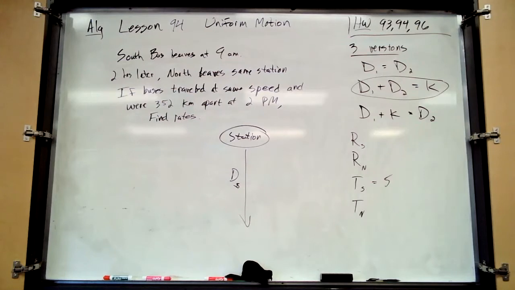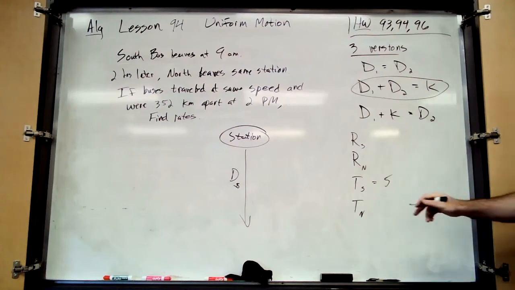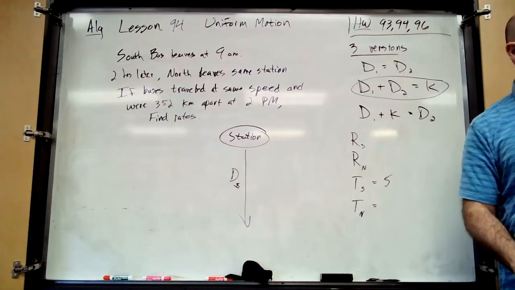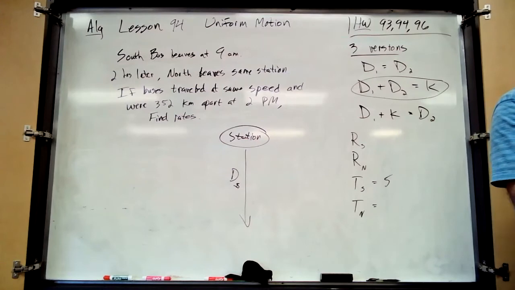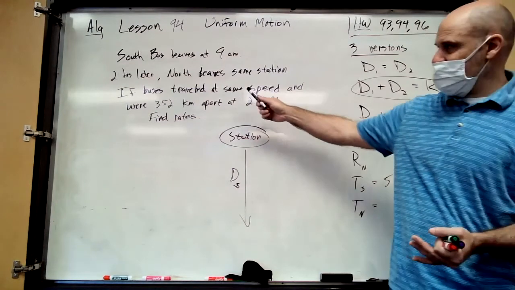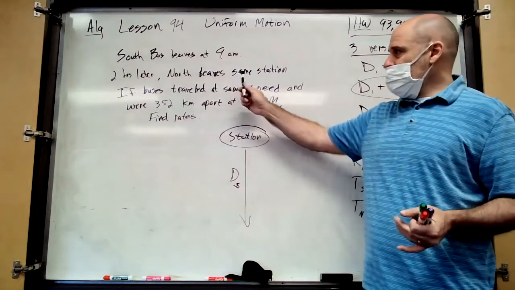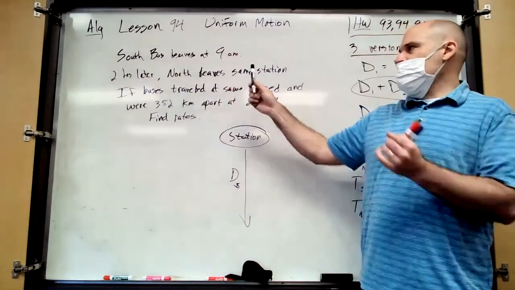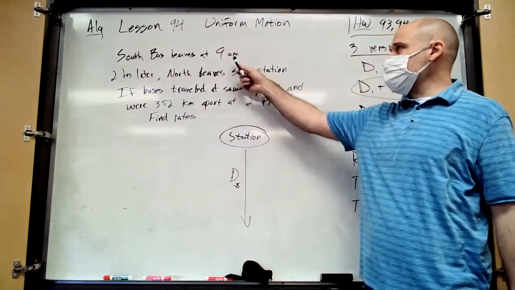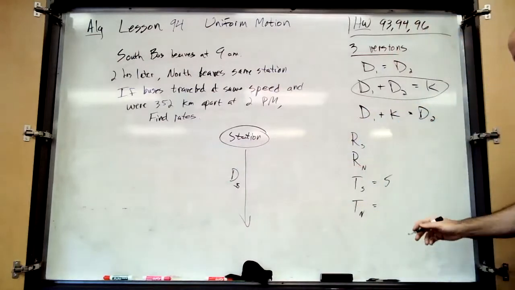Two hours later, northbound leaves the same station. So what's northbound's travel time? 3 hours. Yeah, so don't reverse that. Don't say 7, because when I see 2 hours later, my mind tries to add. But no, northbound slept in, was a little late, and 2 hours later was 11 to 2, which is 3 hours.